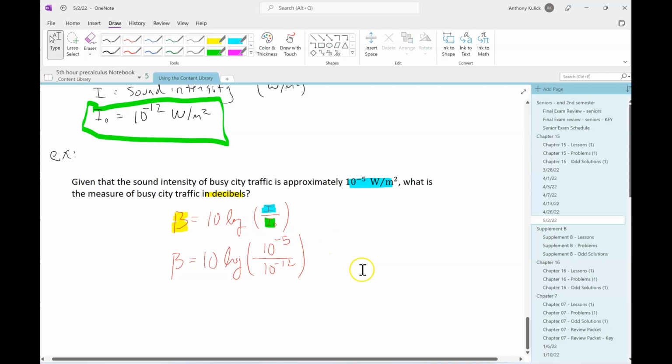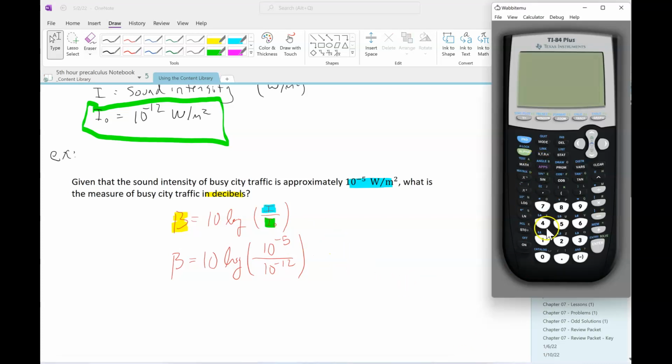So if I go and type this into my calculator, I get 70.